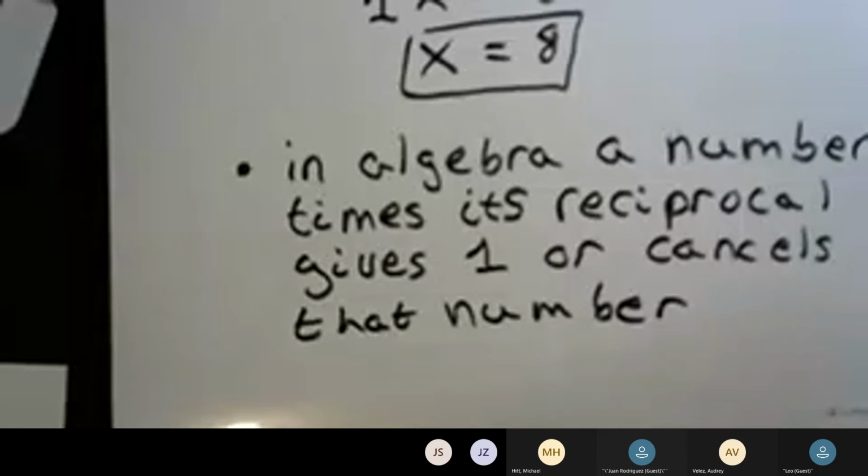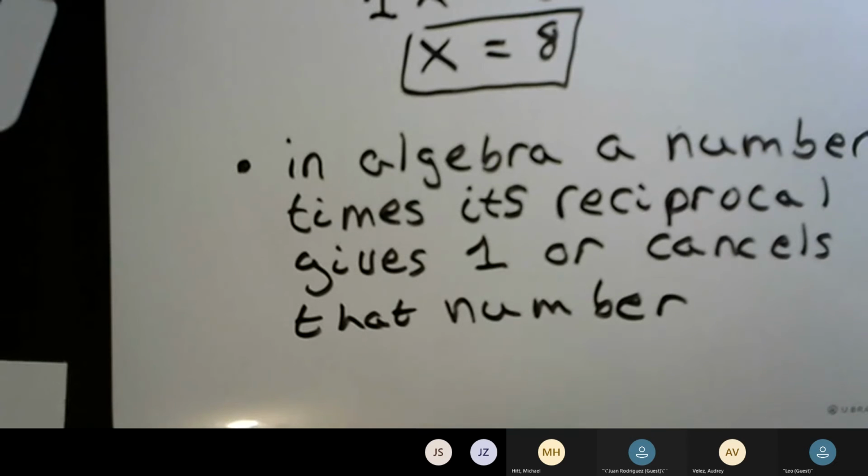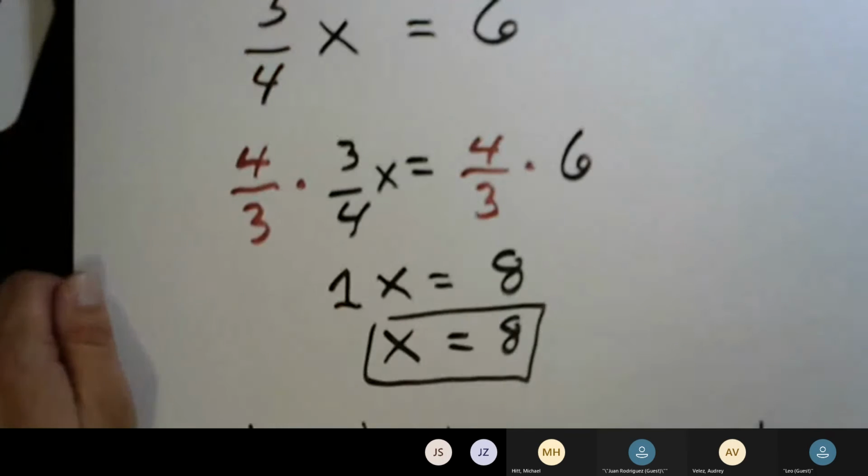So we can use multiplication by reciprocal as a way of cancellation if we do it right. So let me show you what this looks like. Any questions so far? All right.